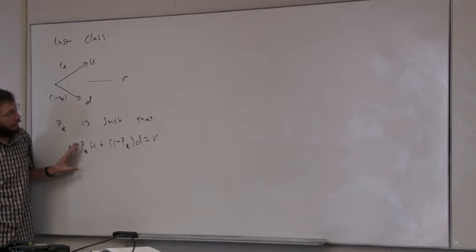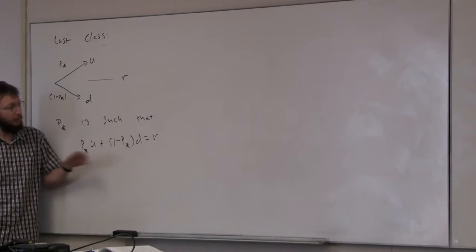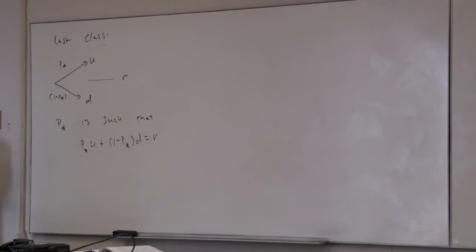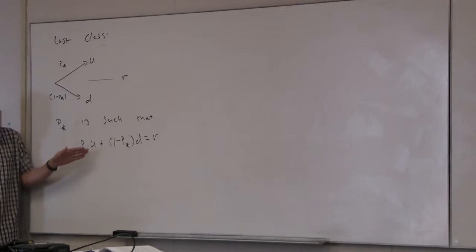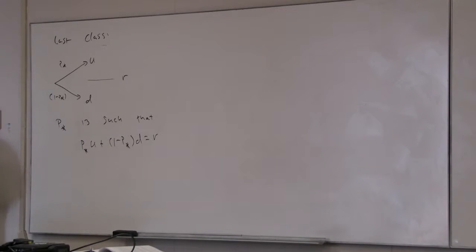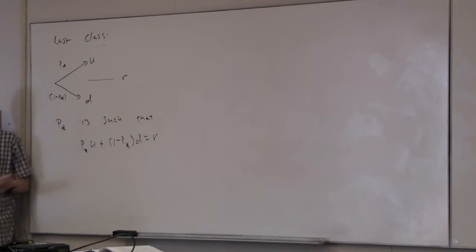It's only unique in certain special contexts. If you have a trinomial tree model, for example, it's going to be an entire line worth of weights that you can apply to the different outcomes to get, on average, the risk-free rate. So it's not unique, but there's some probability that you can weight these returns that will provide you, on average, the risk-free rate.